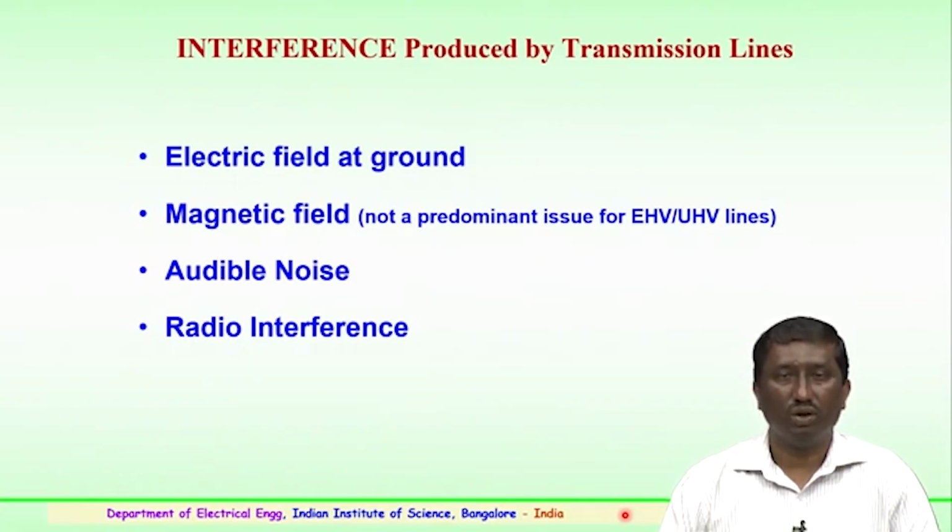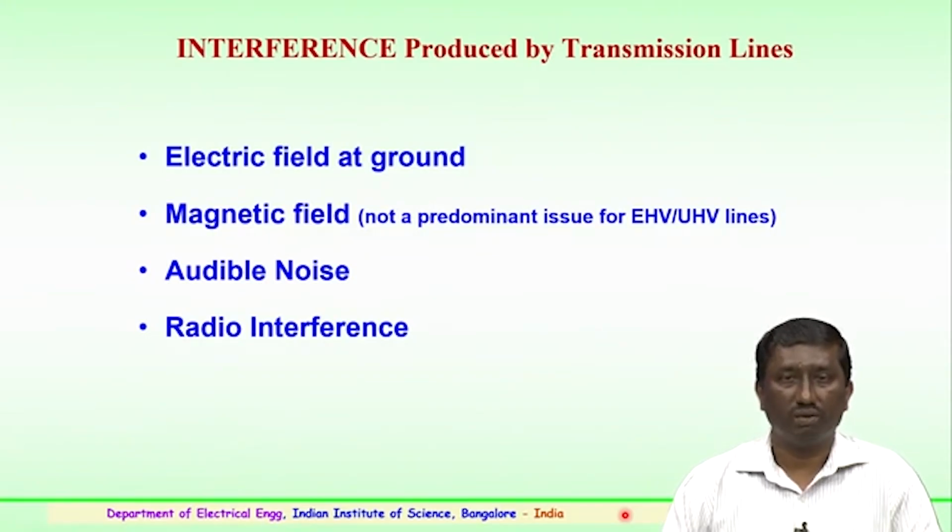The third is the audible noise, the noise generated by the conductor at the particular voltage being used. It should not exceed a certain specified value where it could cause inconvenience to humans, animals, or interference with neighboring communication circuits.